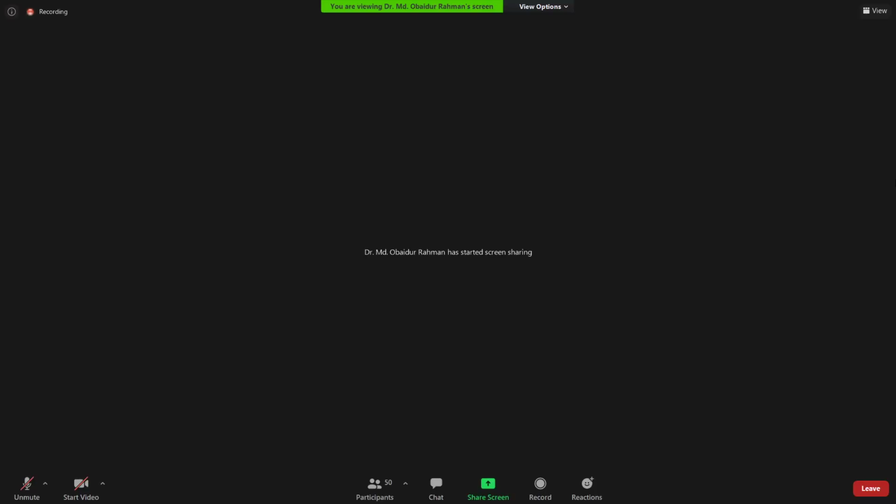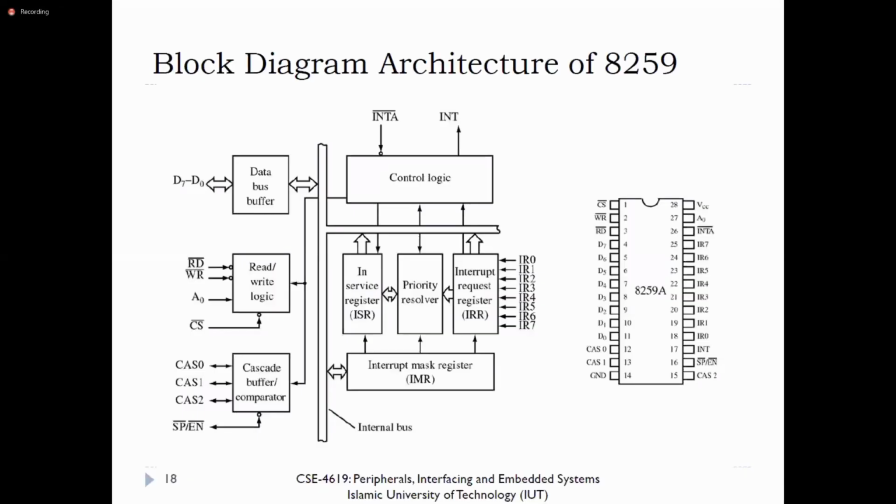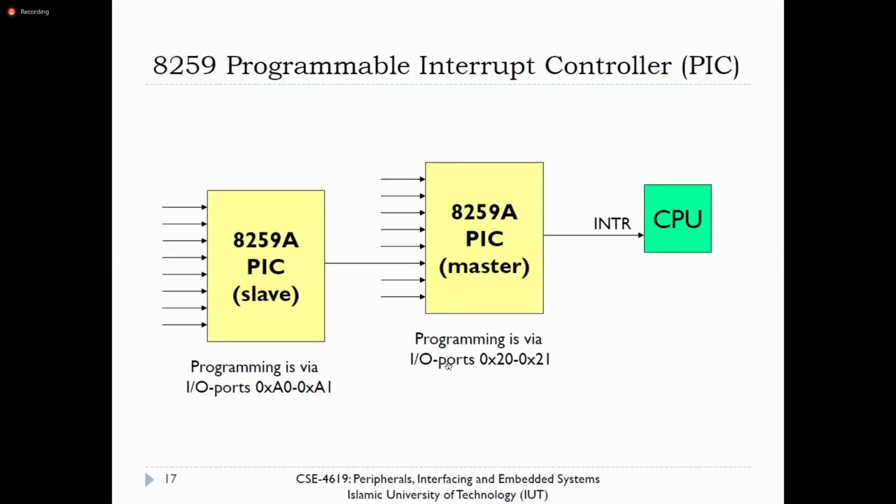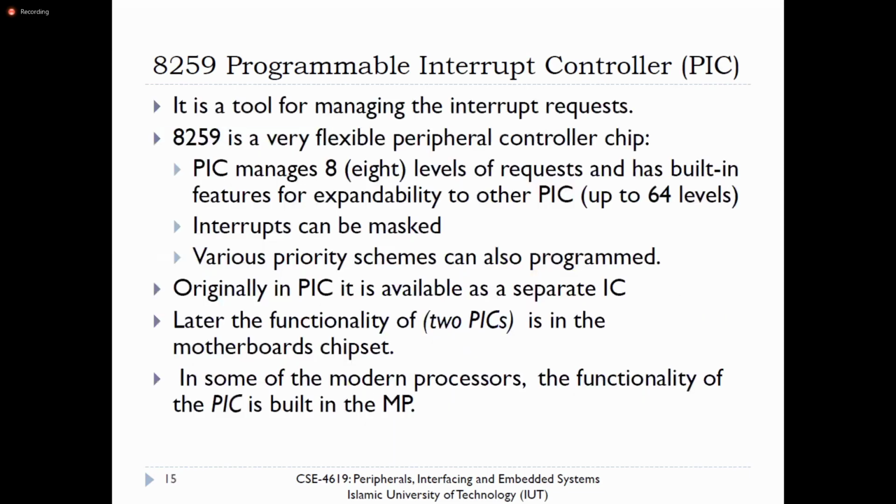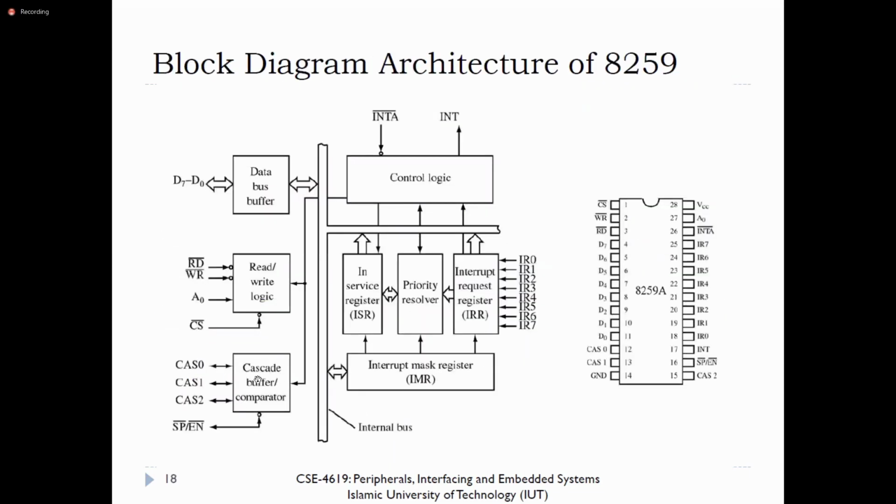Okay. So the thing I was talking about, this is the master slave concept. You can see that this 8259 is working as a master node, and it can connect a maximum of 8 slave nodes. If it works in the master slave mode, only at that time the cascade buffer will work.